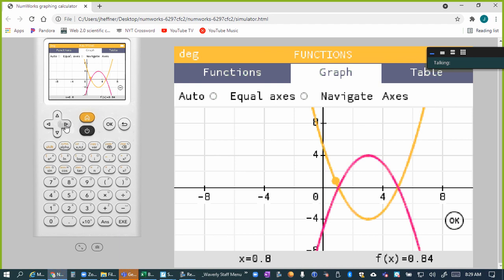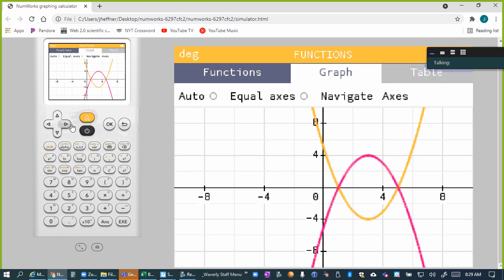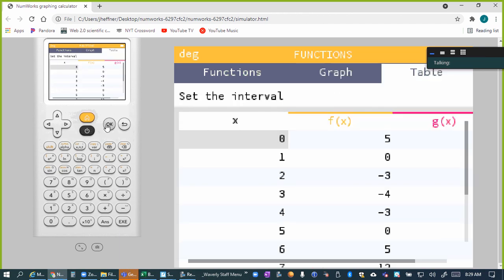So let's switch over to, there we go, g of x. Okay? So let's go up to table. Okay. So our middle value is x of like 3, right?